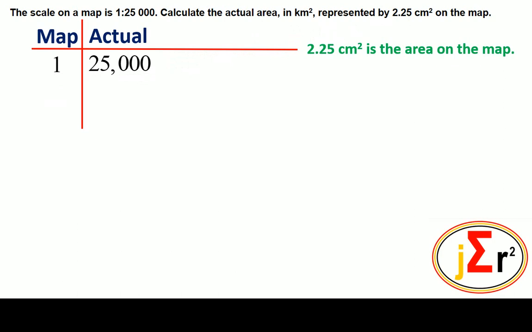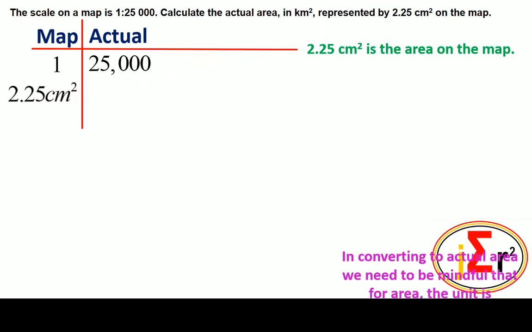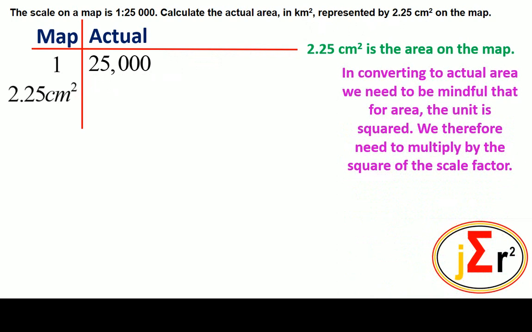That 2.25 centimeters squared will go straight to the side of the table on which we have those values designated to the map or associated with the map. In converting to actual area, we need to be mindful that for area, the unit is squared.